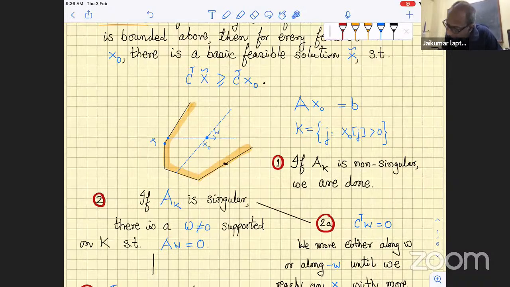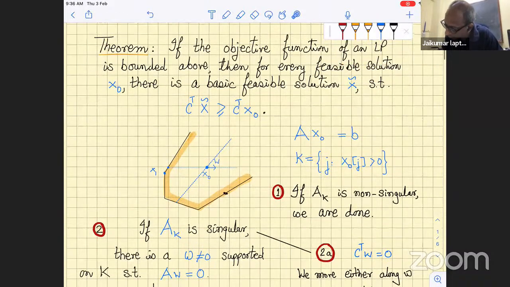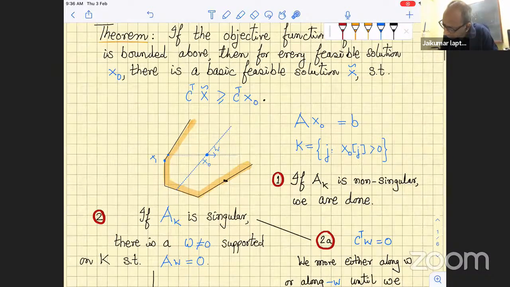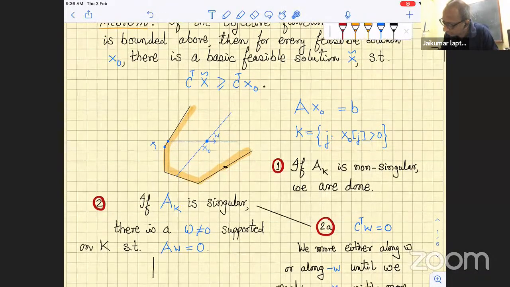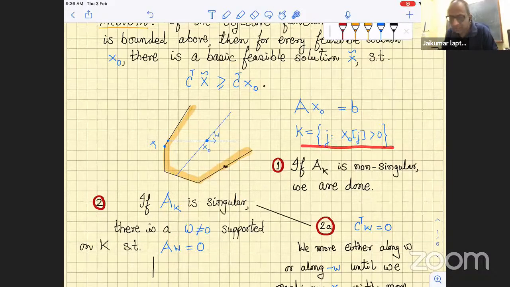So somebody has given you a feasible solution, and you want to show to them that there is a basic feasible solution that does equally well. So you look at the coordinates where that feasible solution has positive value.